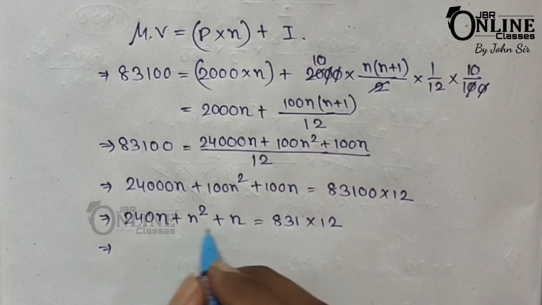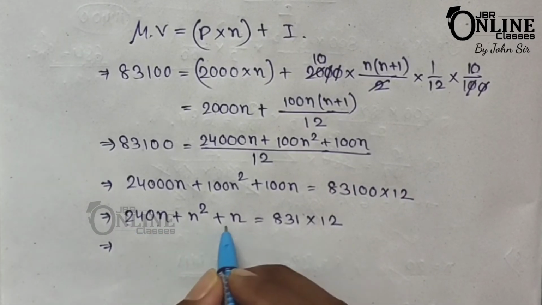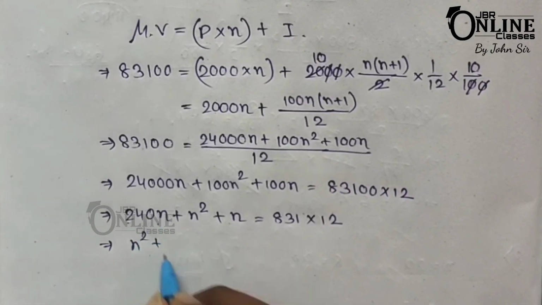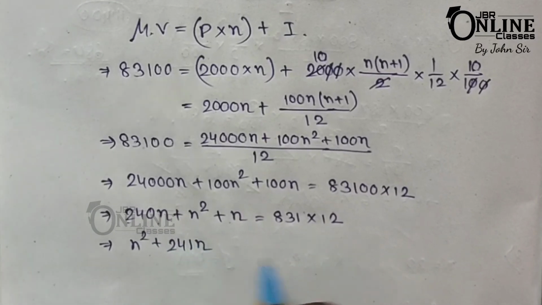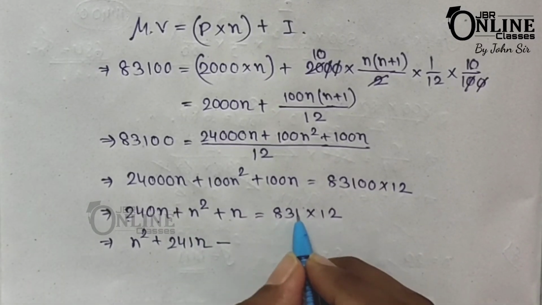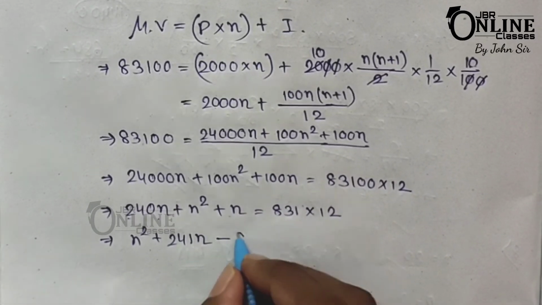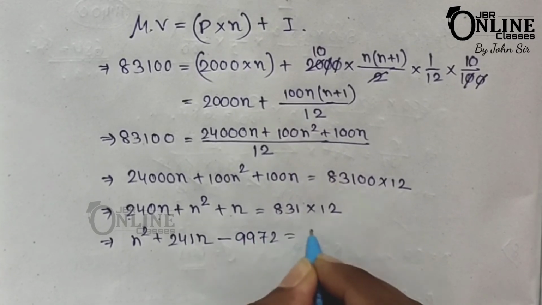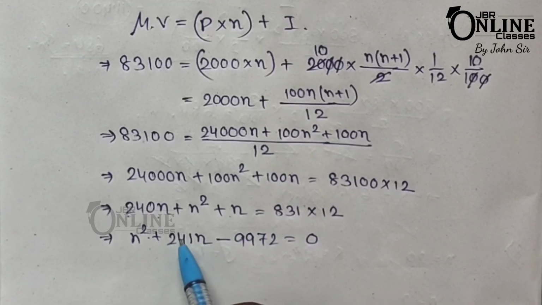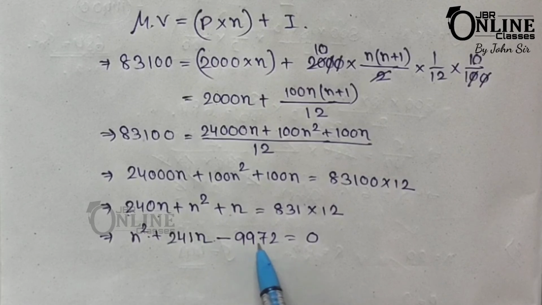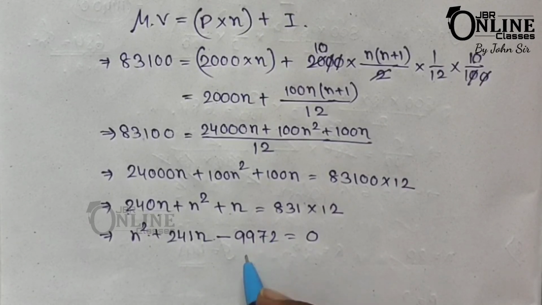So now next, here 240 n plus n, so n square plus 241 n, and now 831 into 12. So after multiplying you will get 9972. So here n square plus 241 n minus 9972 is a quadratic equation.